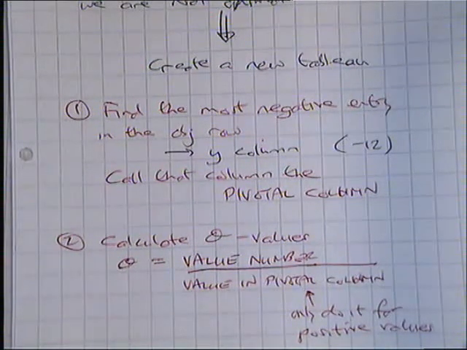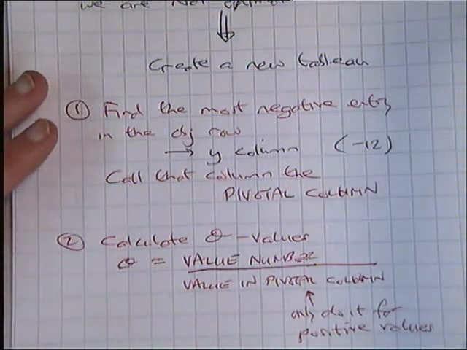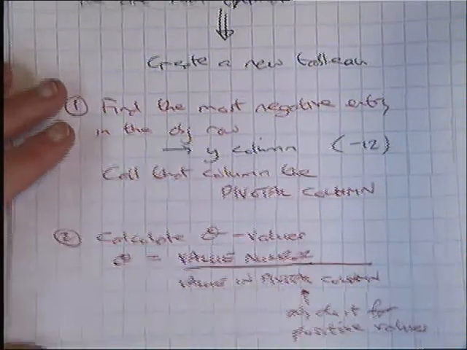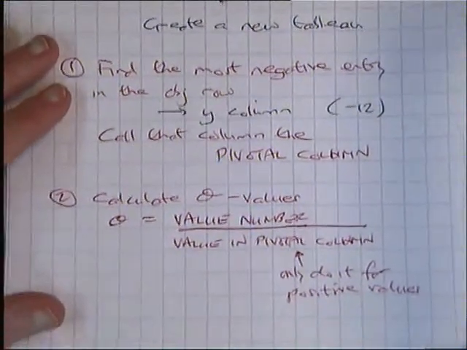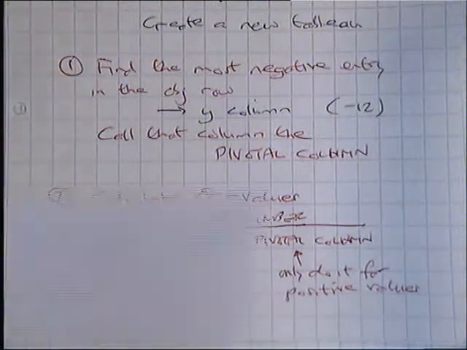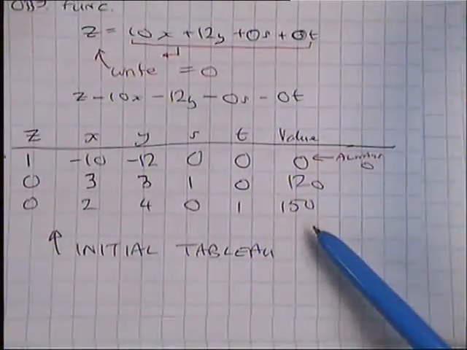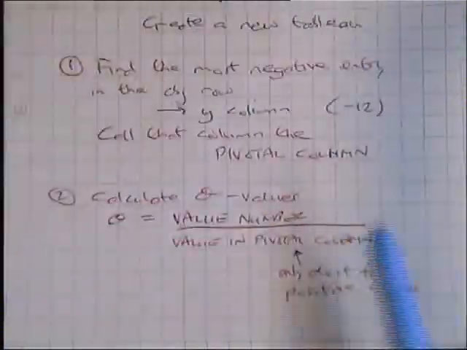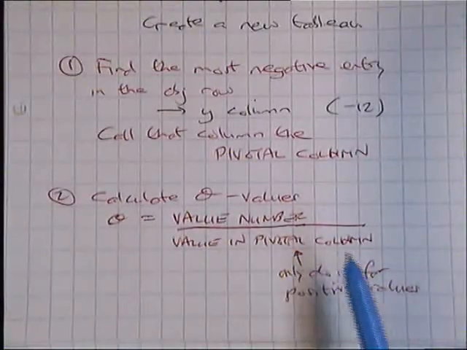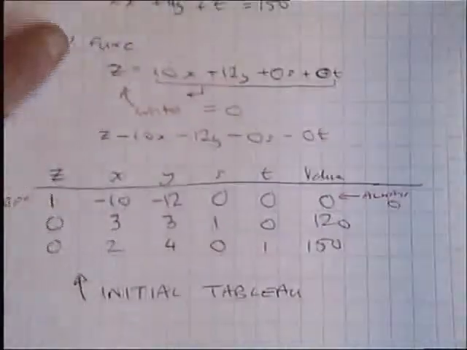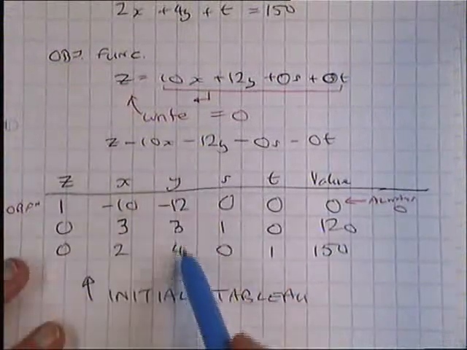So, if you all managed to get that written down. Calculate: it's the value number, in other words what is over here, divided by the value in the pivotal column. Our pivotal column we identified as being this column here.